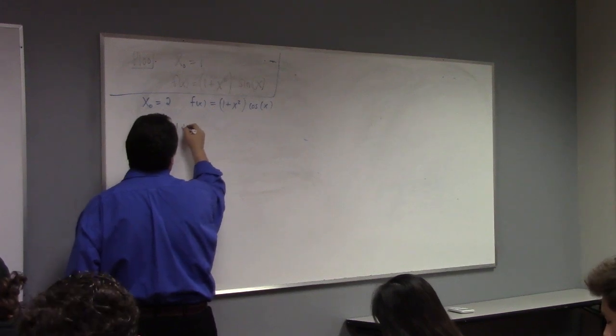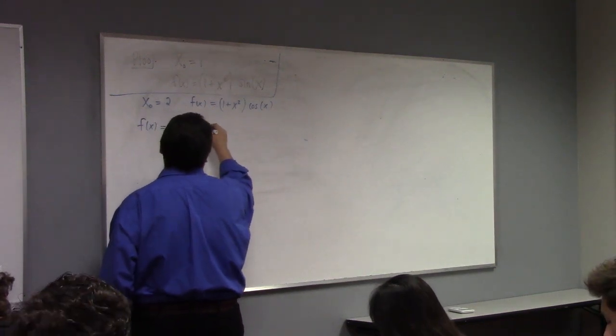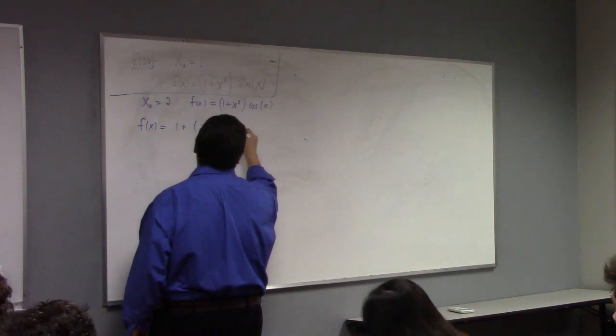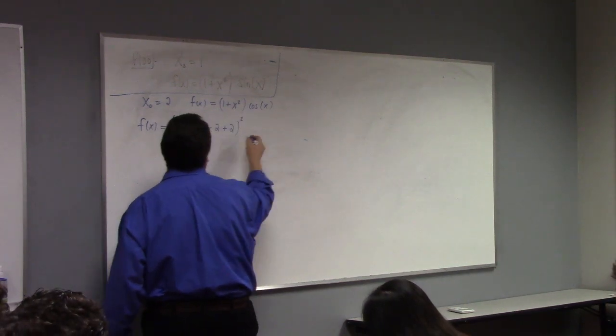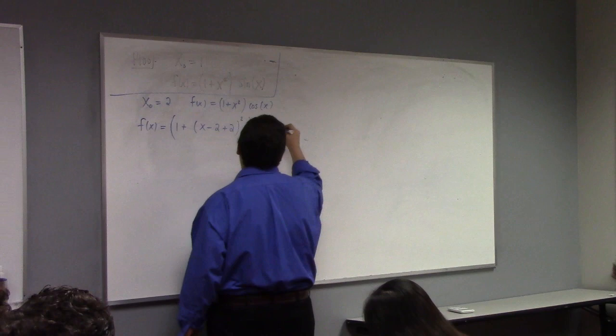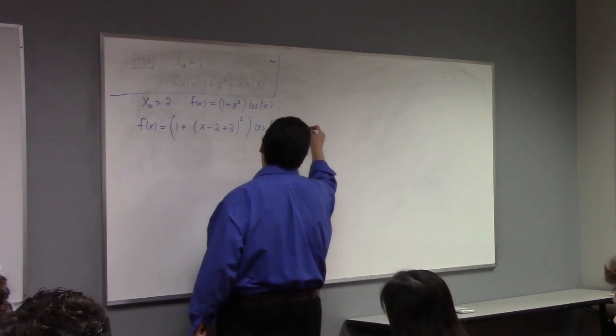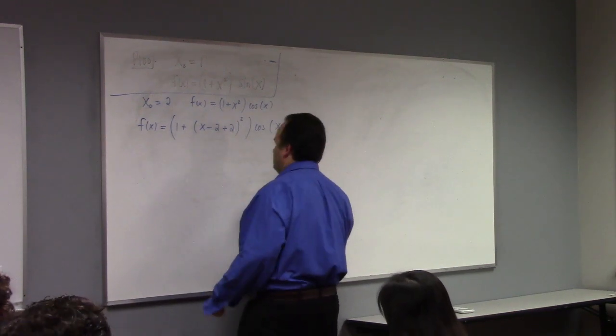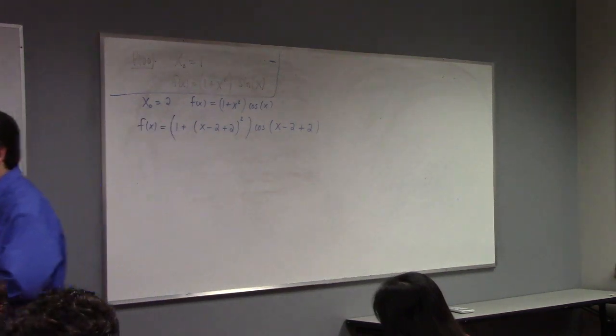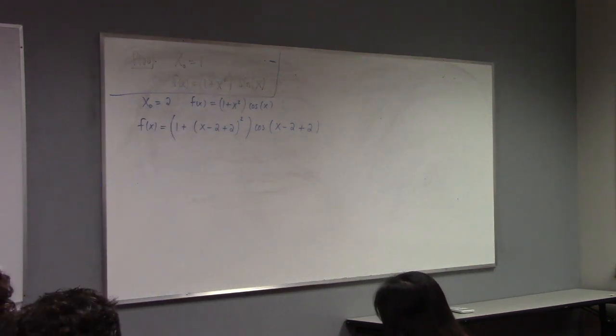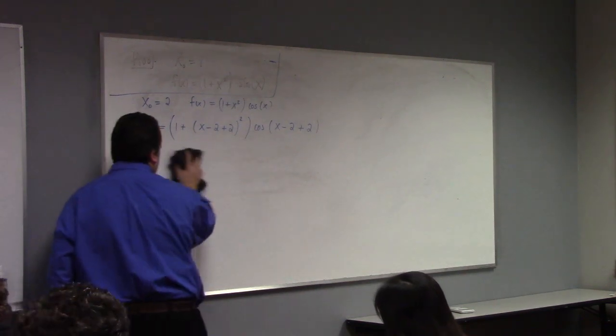So this is 1 plus (x minus 2 plus 2) quantity squared, times cosine of (x minus 2 plus 2). What I do, if I want to center the expression at something, is add 0 as appropriate to make factors of x minus 2 appear.